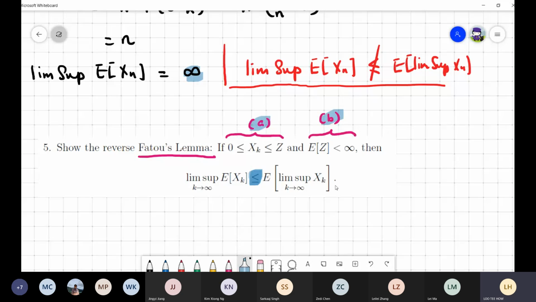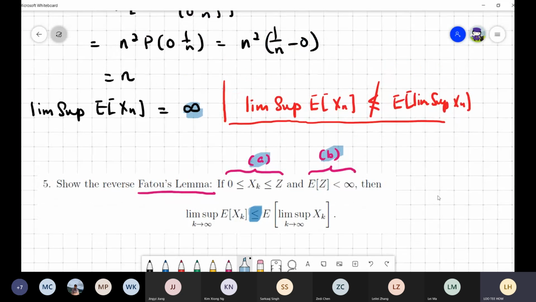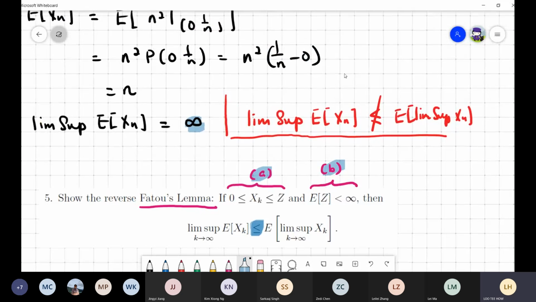Okay, so if these two conditions fail, then we might not be able to obtain this inequality. So that is the reason over here. Okay, so why is that so? The reason is here.